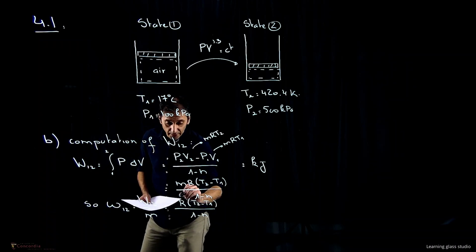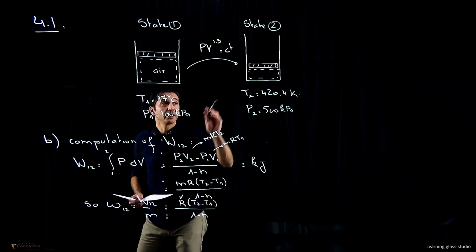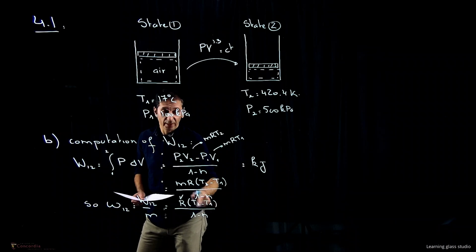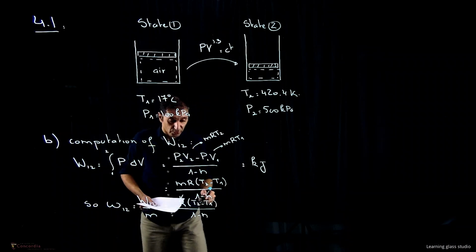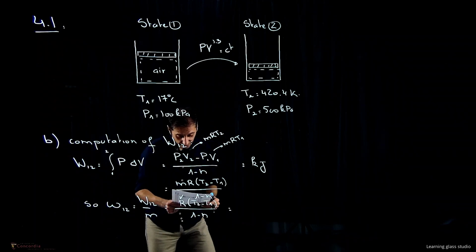So we are given the gas constant. We just calculated T2, which is here. We are given T1. We are given the value of n, which is 1.3. So we just have to plug in the values to get our work.